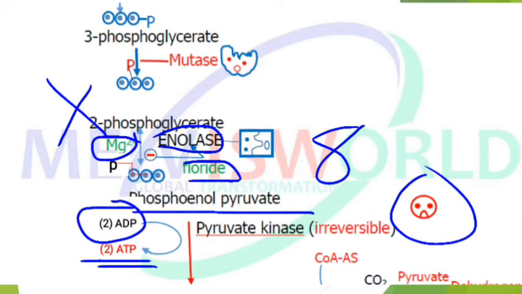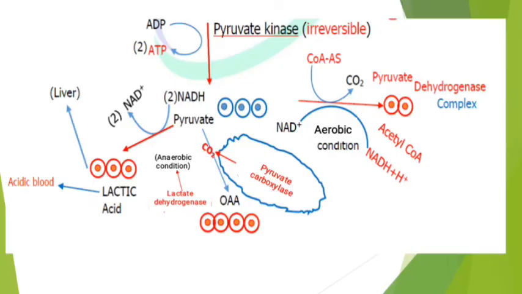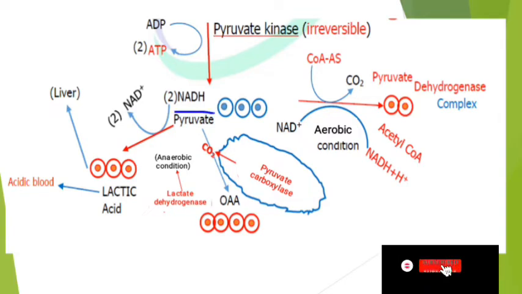Thus, both steps are regarded as substrate level phosphorylation. Then, once pyruvate is formed by pyruvate kinase, this is the pyruvate being formed. Recall steps 6 and 9 as substrate level phosphorylation.